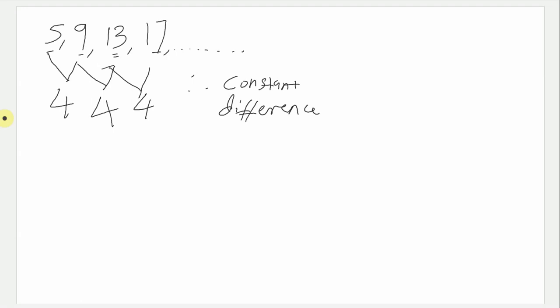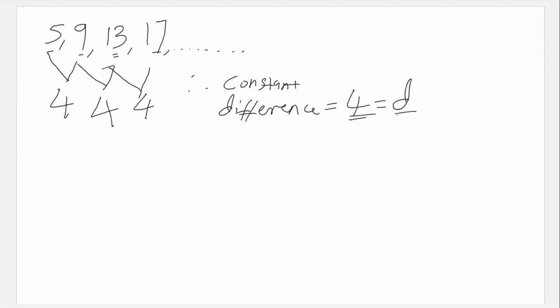In this case, 9 minus 5 is 4. 13 minus 9 is 4. 17 minus 13 is 4. So therefore the constant difference of this pattern, or the sequence, is what? It's 4, which is symbolized by the value d.